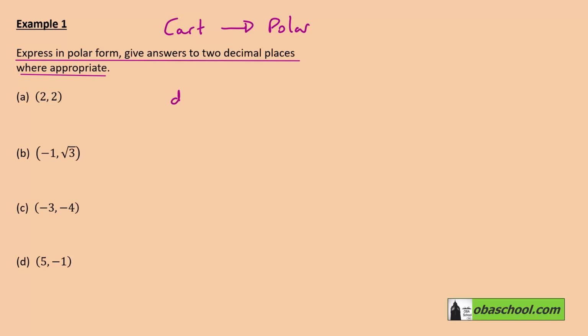Finally, for part D, we have (5, -1). So (5, -1) would be, say, here. And this would be r, a right-angled triangle, 5 and 1.